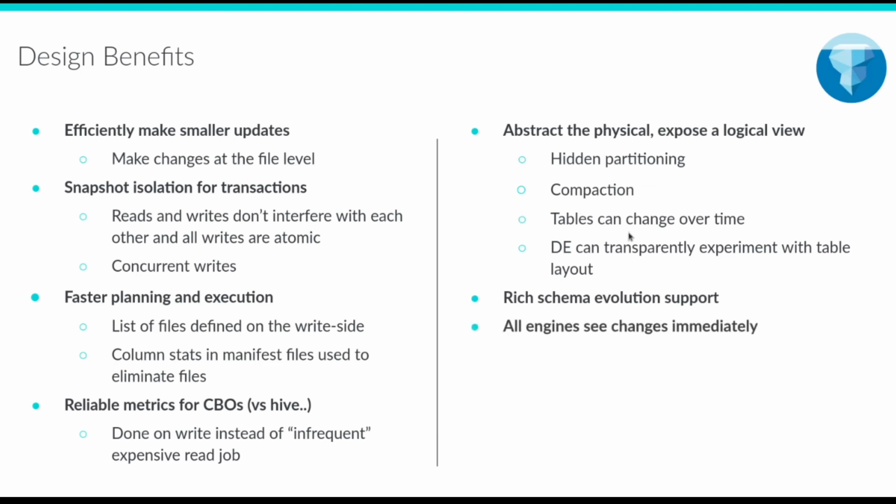The thing is that all the planning is done with files in your file system, which could be object storage, HDFS, wherever you're storing the data. So if I were to ingest streaming data through Spark, and then run queries using Dremio, Dremio is going to see the data right away.